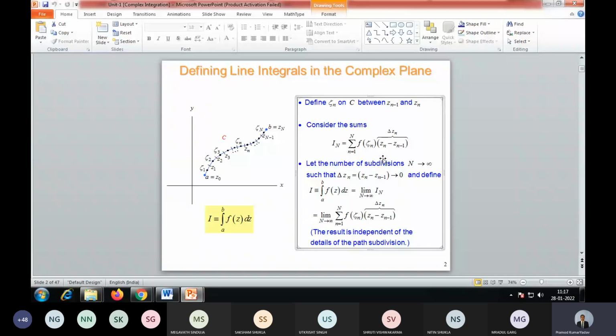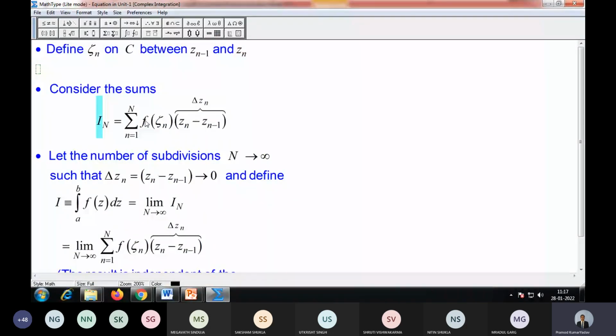So when capital N tends to infinity, please listen carefully, the length of the interval tends to 0, that is Jn minus Jn minus 1 tends to 0. In this case we can take the limit of this expression as N tends to infinity. The limit of this will give us the integration from a to b of f(z).